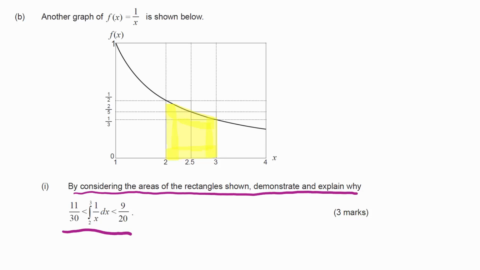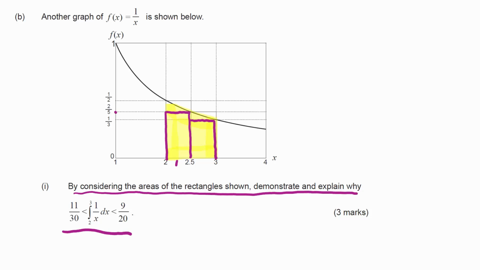If we use a series of inscribed rectangles, in this case they're going to be right rectangles, so the height of them is the measurement at the right hand end of the rectangle. So if I use those two rectangles, clearly the area of those is going to be less.